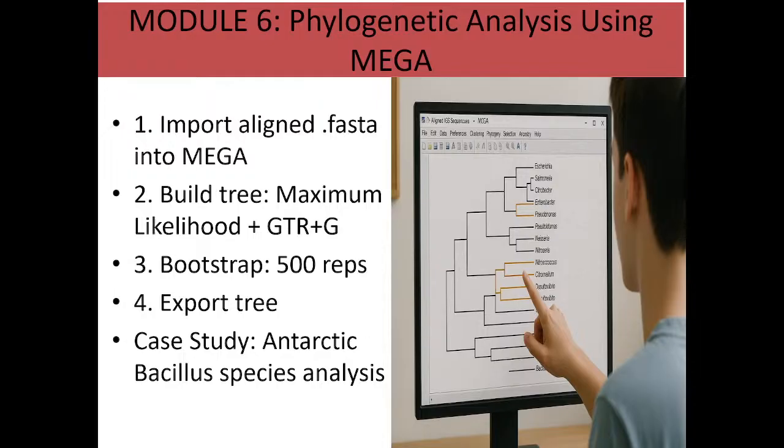Just like what you have on the screen, you import the FASTA sequence into your MEGA, then you follow the steps you're supposed to follow, then you build a tree using maximum likelihood plus GTR plus G. To interpret a phylogenetic tree, in your first year I gave you one, you can use iTOL for interpretation.